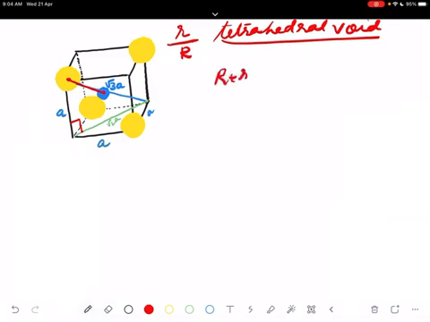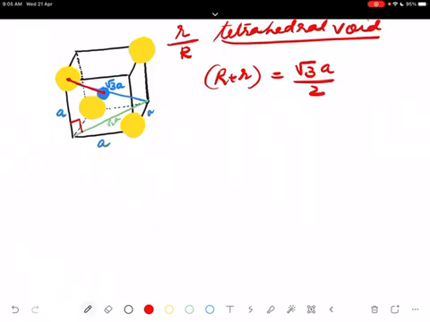R plus r is equal to root 3a by 2, half of the body diagonal. The blue line was root 3a, so it's half. You know that the blue ball is touching the yellow ball.